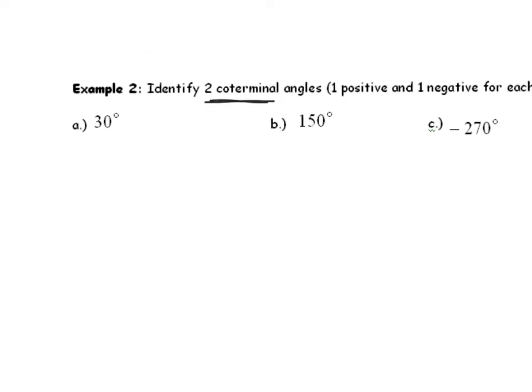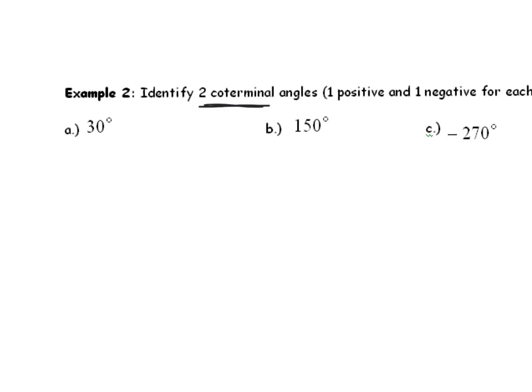So for instance, if I'm looking for a coterminal angle to 30 degrees, what I'm going to do is take my 30-degree angle and add on one whole revolution. I'm going to spin that spinner around one more time. So all I have to do is add on 360 degrees.